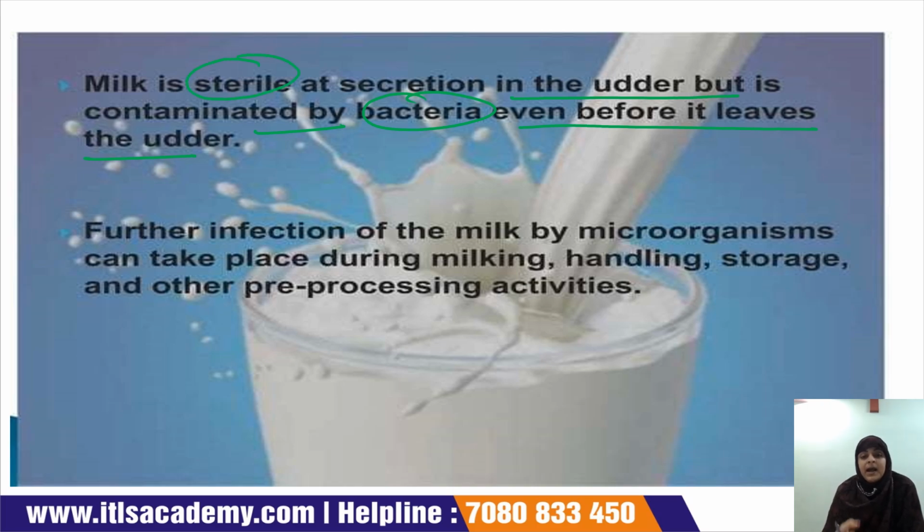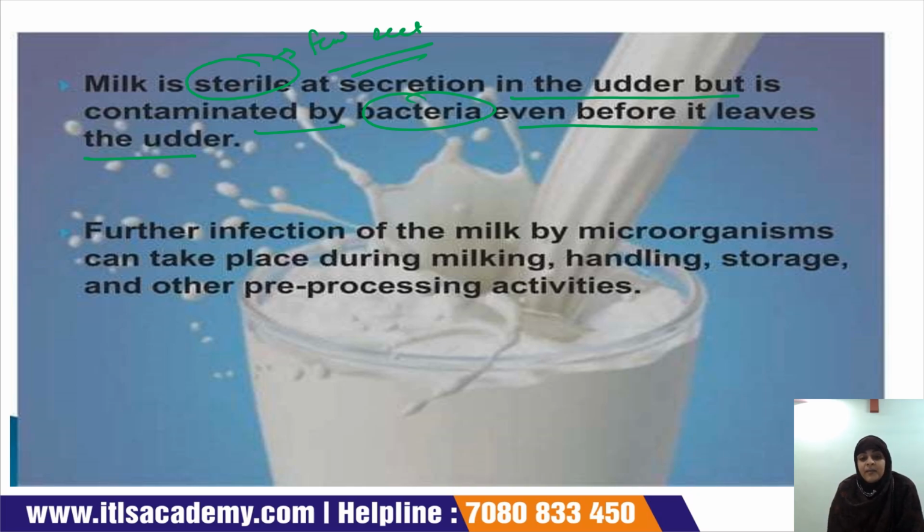When a milkman milks the cow, for the first few seconds the milk is sterile. But as time passes, bacterial contamination occurs even before the milk leaves the udder, and the milk becomes contaminated by bacteria.